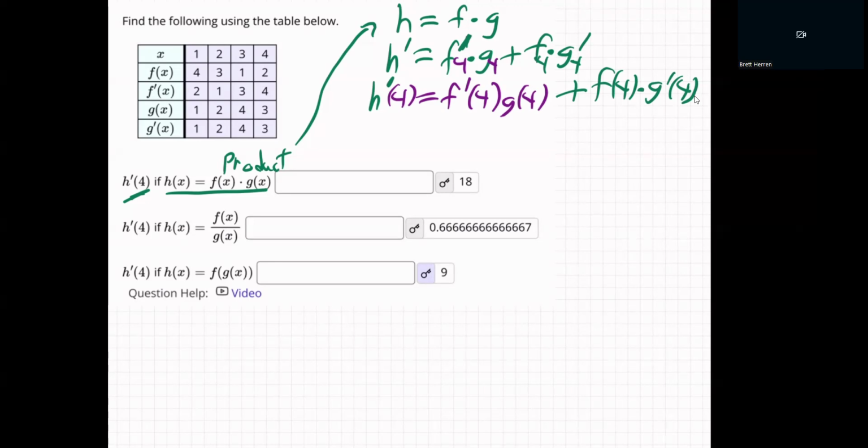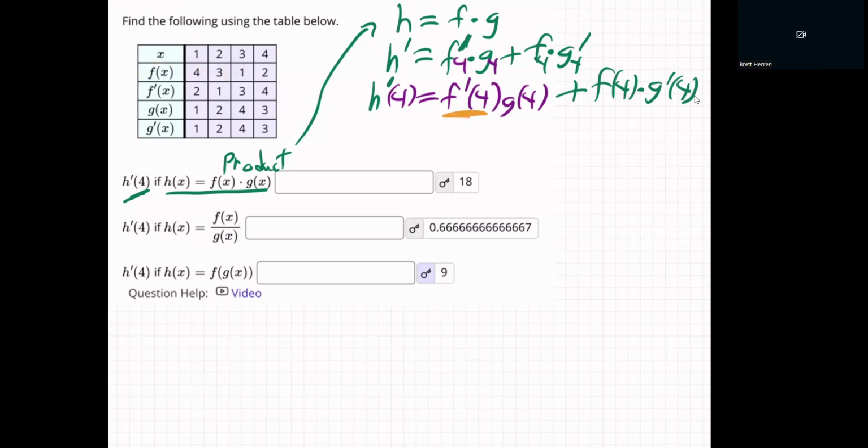It's the product rule with things plugged in. Now what are these? Well, here's the table. It tells you, like, f of 1 is 4, or f of 2 is 3, etc. That's how the table works.